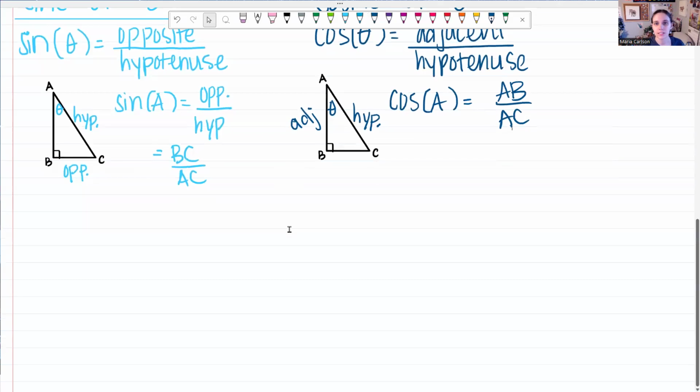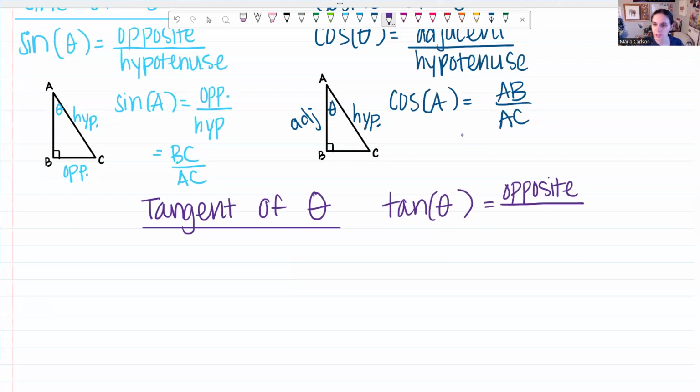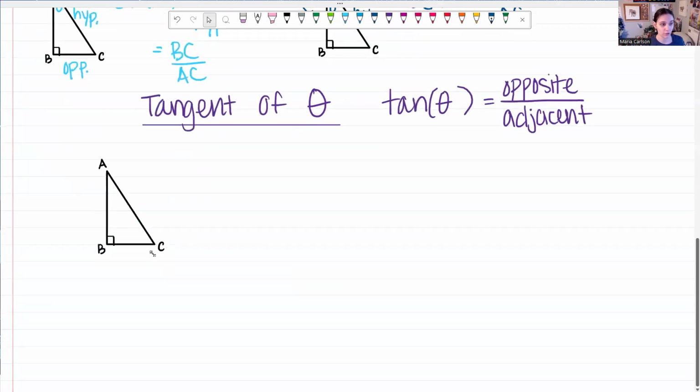The one that is a little bit different is tangent. So the next one we're going to talk about is the tangent of theta, and this is often abbreviated as tan. So this is tan of theta, and that is your opposite over the adjacent. So the tangent actually does not involve the hypotenuse. It is strictly the opposite over the adjacent based on that angle theta.